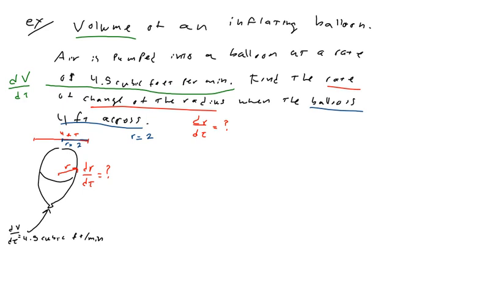So we have volume, we have radius. What equation are we going to use to solve this problem? What's the equation that relates volume and radius? Well, again, it's a sphere. We're talking about a spherical balloon. So we use the volume formula for a sphere. If you don't know it by heart, I'll tell you.